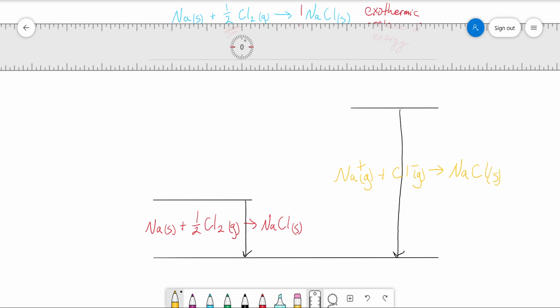Notice both of these reactions end in NaCl solid, and they end at the same place energetically, down here at the bottom, on this line. So let me just label these a little bit better. This is the lattice energy.